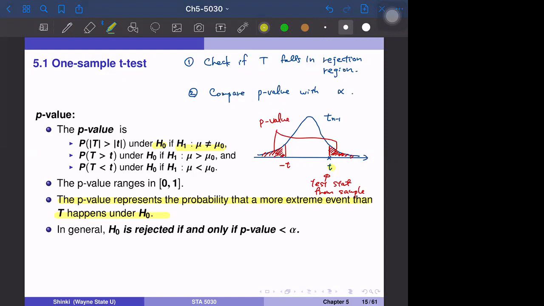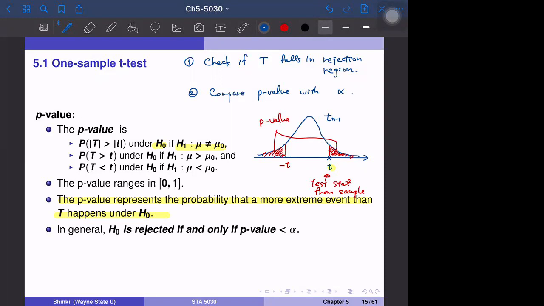So the statistical testing idea is that when the t statistic falls in an extreme range under H0, then we reject H0. So actually, if the test statistic falls in the alpha percent of extreme values, then we reject H0.